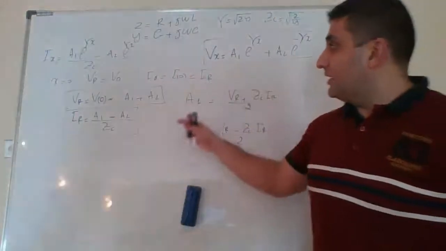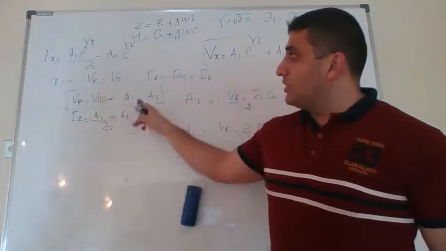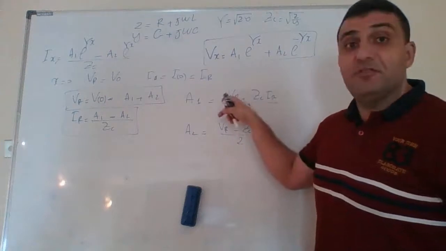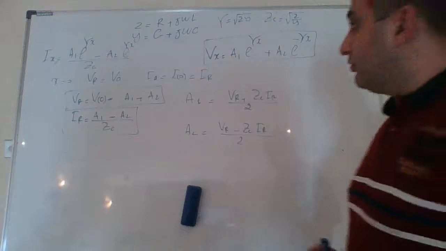So after I did the calculations, all I did is solve these two equations to find what A1 and A2 are equal to in respect of VR and IR. Is that clear so far?